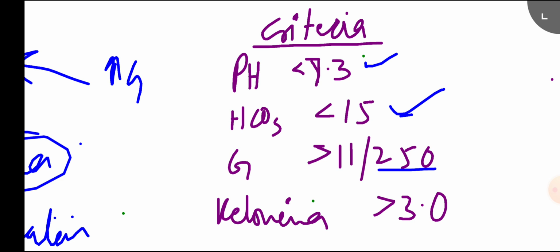And there should be ketonemia greater than 3 millimoles per liter. We check these ketones in the venous blood. Or if you don't have that, then go for the urine ketones, but they should be more than 2+ on a dipstick. So that's the criteria for diabetic ketoacidosis.